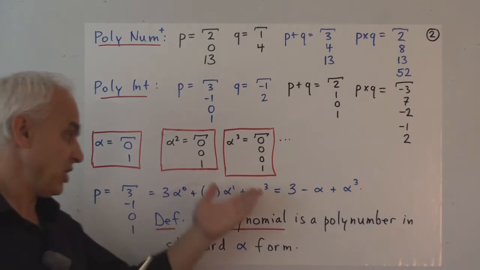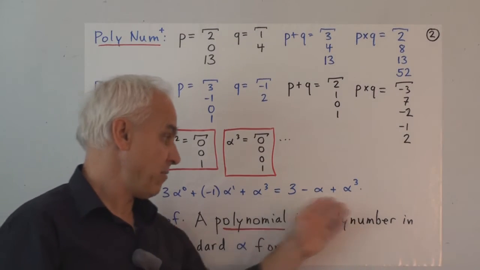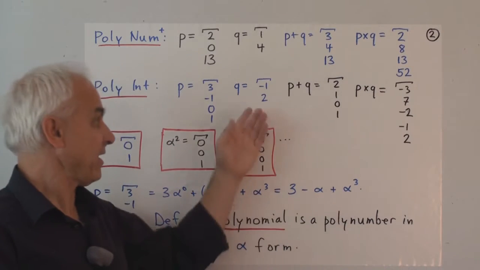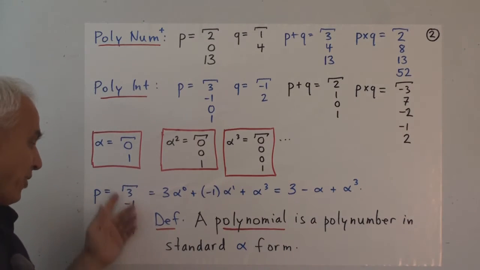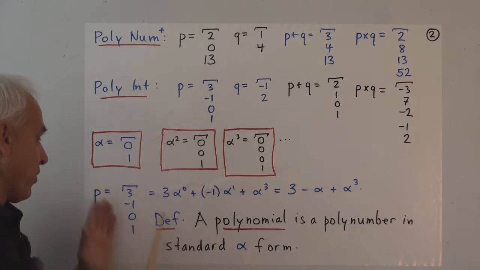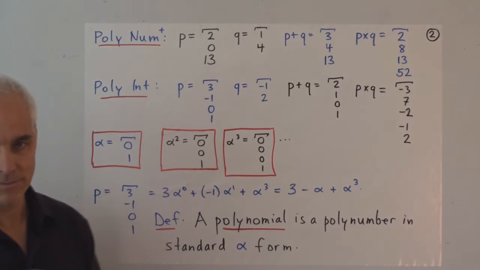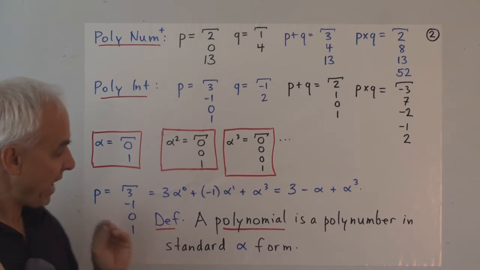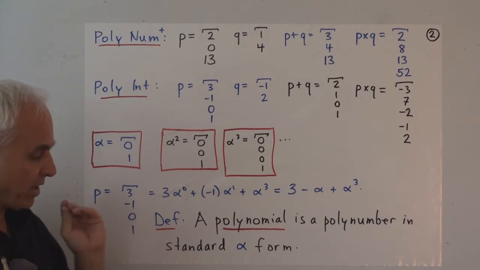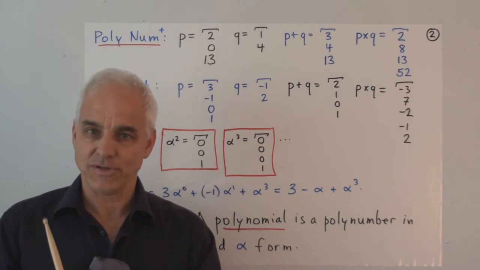And then it turns out that the addition and the multiplication and the subtraction of these polynomials are just exactly the same as the corresponding operations on the associated polynumbers. So whether we're working with polynumbers or with polynomials, it really comes down to the same thing. The advantage in this point of view is that we compress the definition of a polynomial to its essentials.